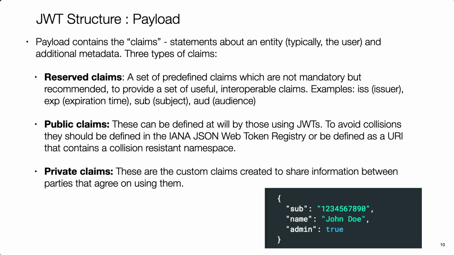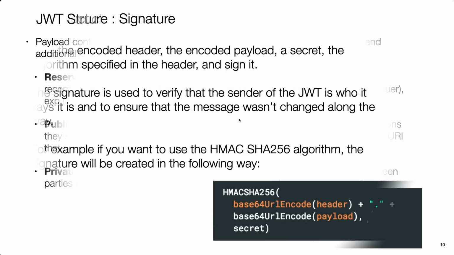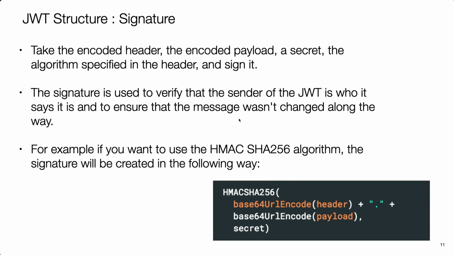So think of it as metadata. There's reserved claims, public claims, and private claims. And the kind of things we're putting in here really would be information that can identify the user specifically. The third part then would be the signature. And this is where the crypto comes in, really, allowing us to cryptographically sign the token.